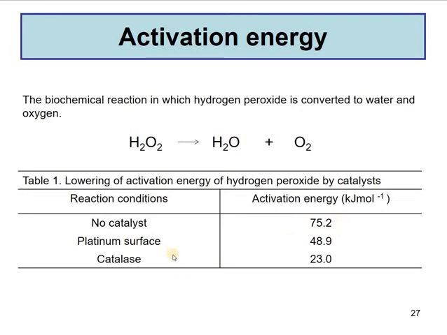However, if platinum is used, we know platinum is a catalyst. If this reaction is taking place on a platinum surface, the activation energy is lowered. It's actually 48.9 kilojoules. However, if we decide we want to use the enzyme catalase to do the breaking down, it takes energy of 23. So you can already see that with an enzyme catalyzed reaction, the activation energy is lower compared to the platinum one, and then when there's no catalyst involved at all.